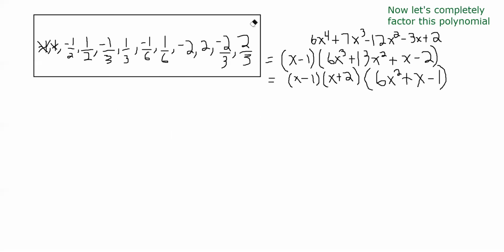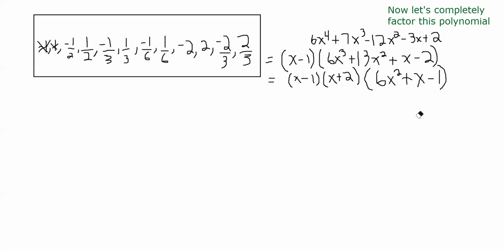Technically, with the rational roots test, you could drum up a new list of rational roots for this. But if it's a quadratic, we already have strategies for factoring this one. So let's try factoring the old school way. 6 times -1 is -6. Now we need two numbers that multiply to -6 but add to +1.